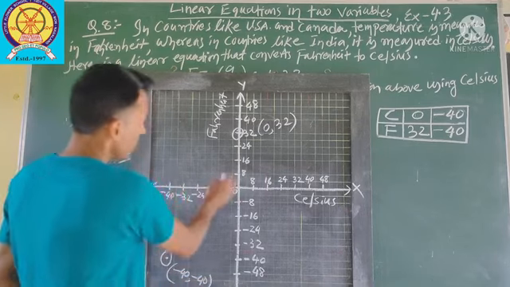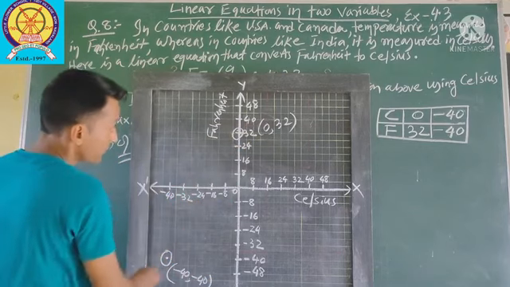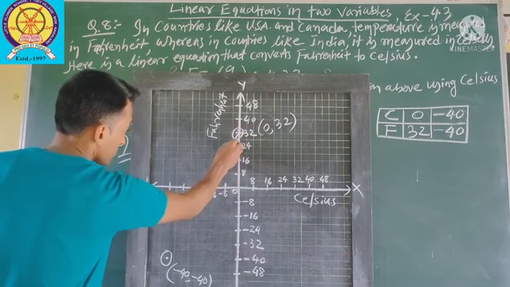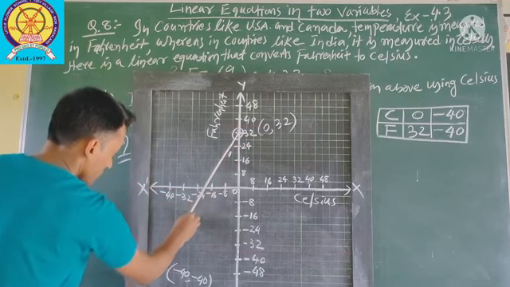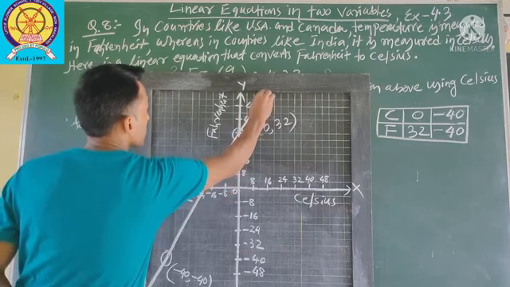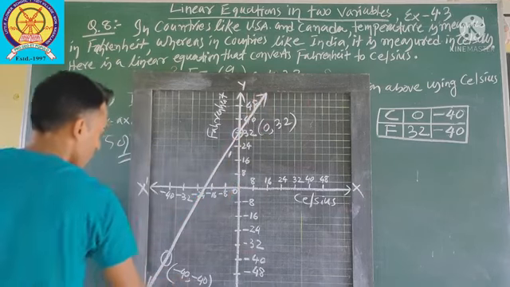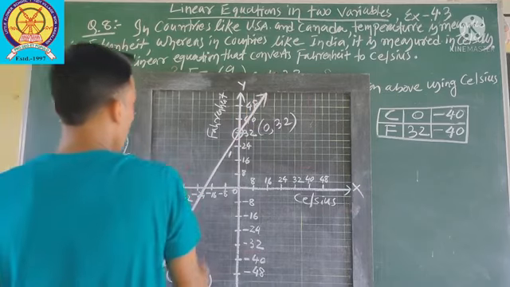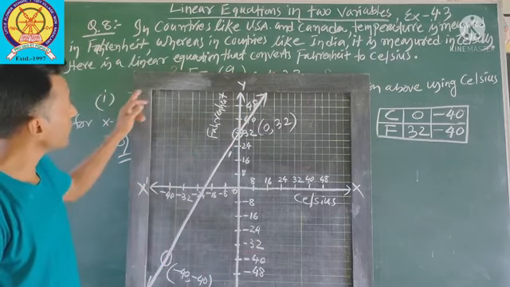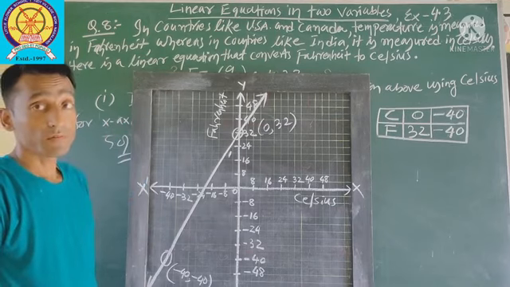Now you join these points. So this is your required graph of this linear equation.